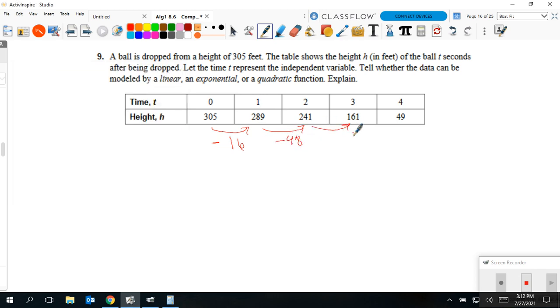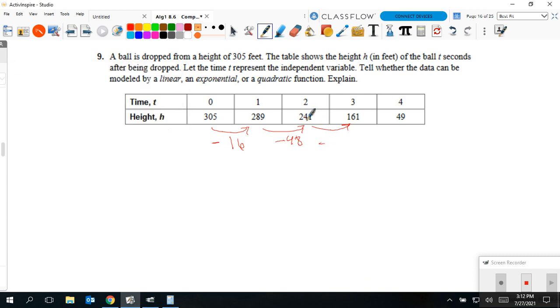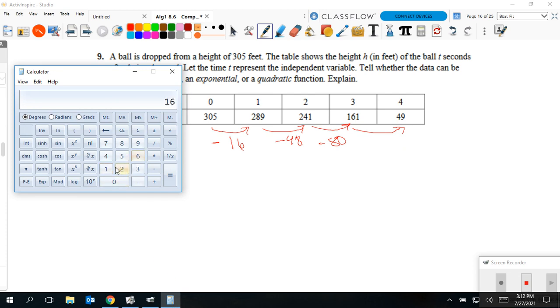And then from 241 to 161, 241 minus 161, going down again. We're going down 80 on that one. And then from 161 to 49, 161 minus 49.